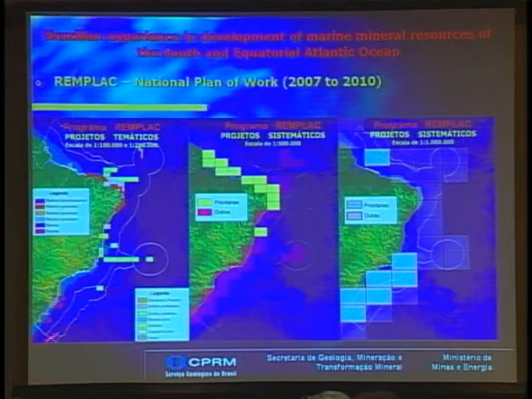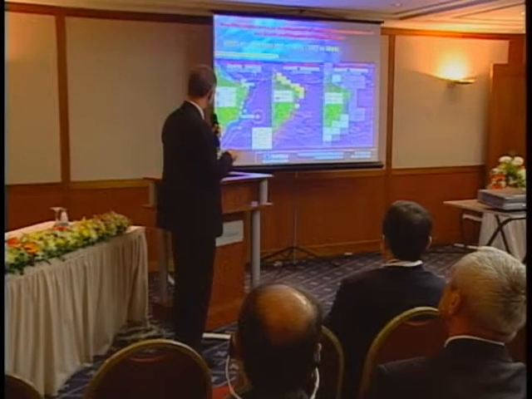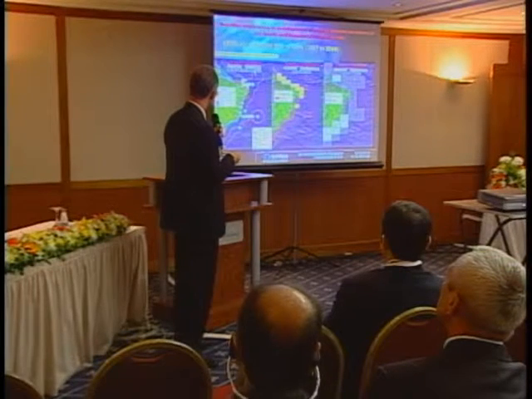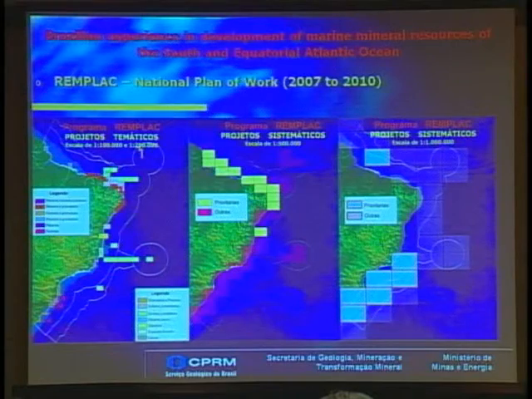We have, from the south to the north, projects for phosphorites, placers, coal, placers for diamonds, gold, and projects for gravel, sands, and carbonates, and also projects for cobalt-rich crusts and for polymetallic sulfides, among others.